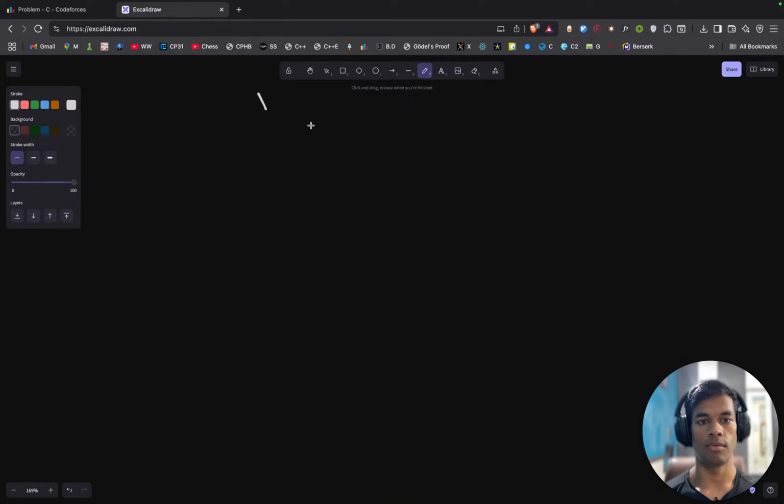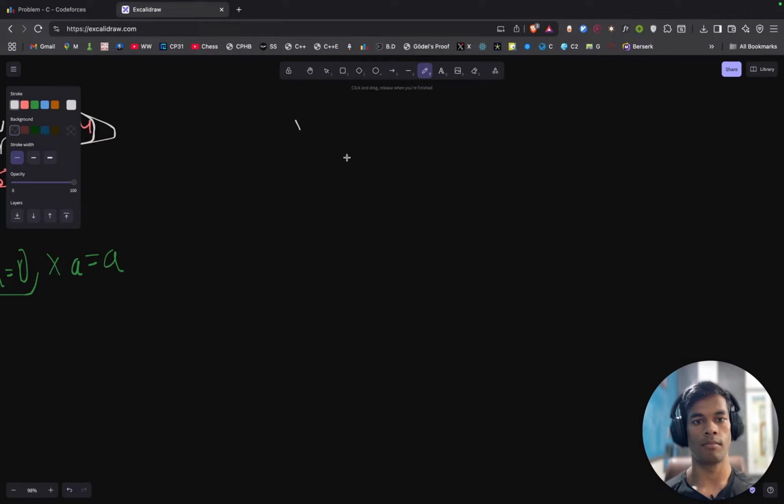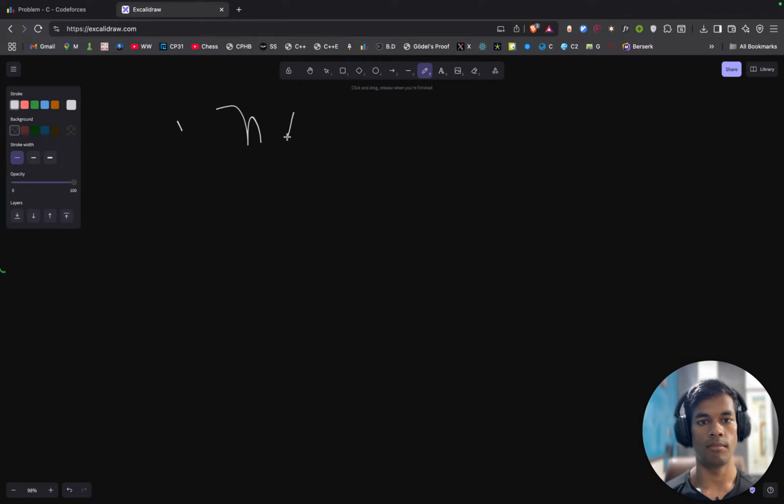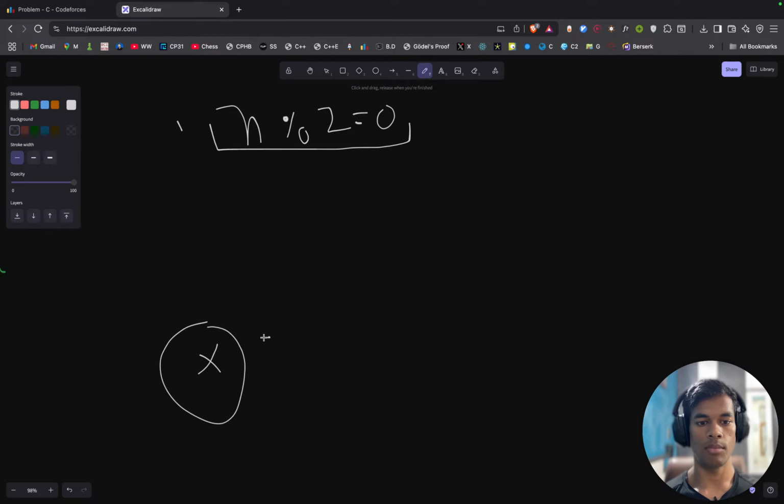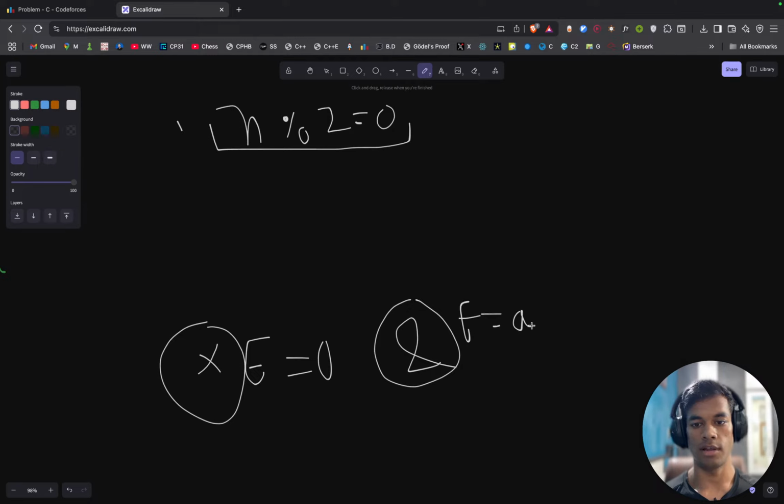But if n remainder 2 equals 0, that is, it is even, then taking XOR of some element an even number of times would result in 0, but taking AND of some element an even number of times would result in the element itself.